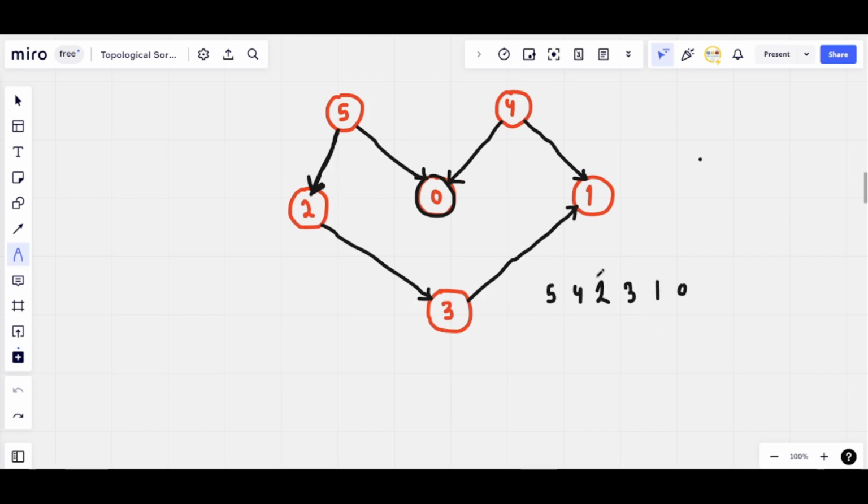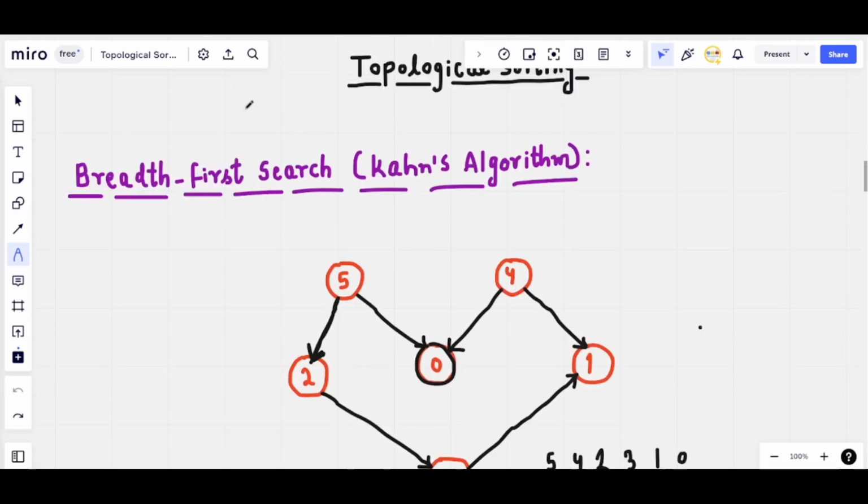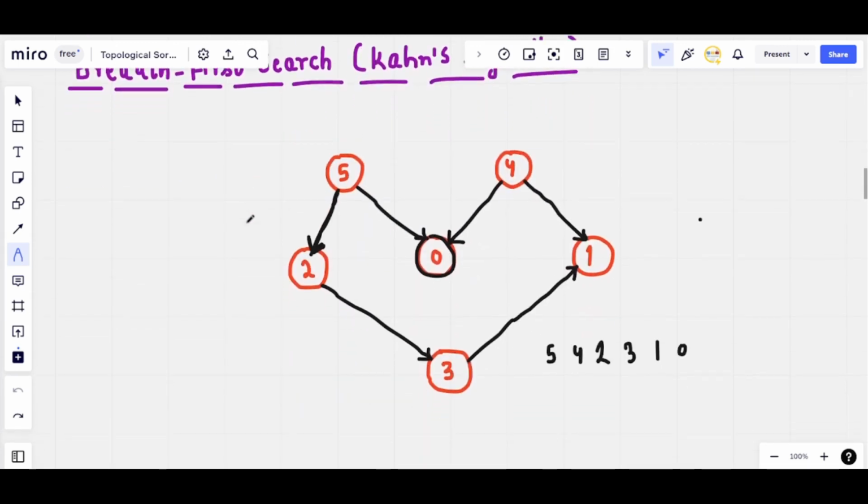So 2 comes before 1 in the ordering. Now the topological sorting order is not unique. There can be multiple toposort orders for any directed acyclic graph, that we have learned in the previous video lecture. So let's see how we can use breadth first search strategy to solve the same problem.